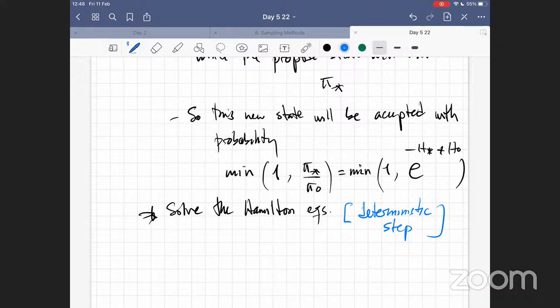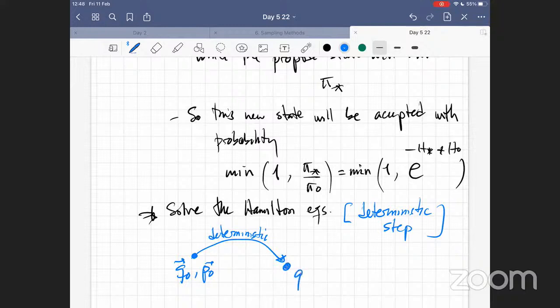So pictorially, I can just say, okay, imagine that I start from Q0, P0 in general. And then this transition is deterministic, because this is involving the solution of the Hamilton equations.